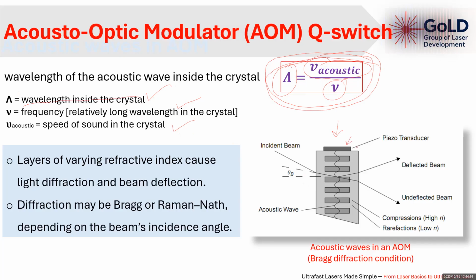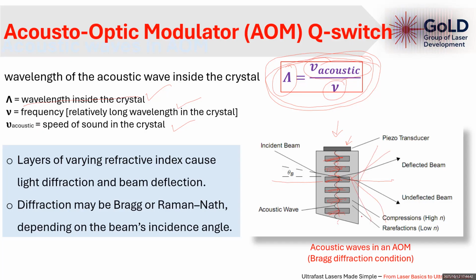Now, if you see, it's more clear how it works here. The RF signal is connected and you have a piezo transducer here. So sound waves are generated like this, and it acts like a grating. So when the light comes here and enters, it will never pass through straight away. It will go in this direction, this and this.